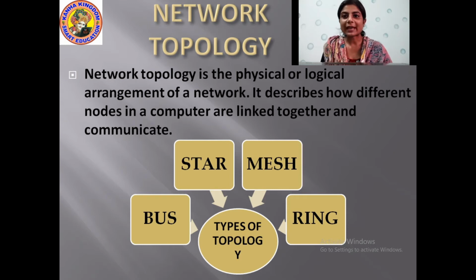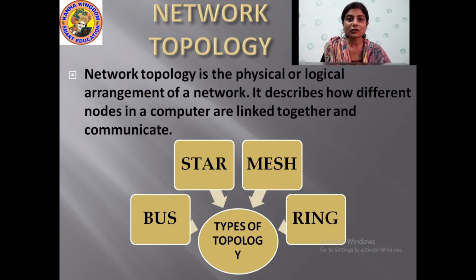So students, now let us study about the network topology. Now what do you mean by network topology? See, network topology is the physical or logical arrangement of network. Okay, it is physically or logically. The network which is physically or logically arranged, that is network topology.